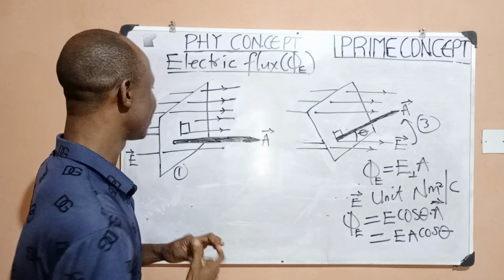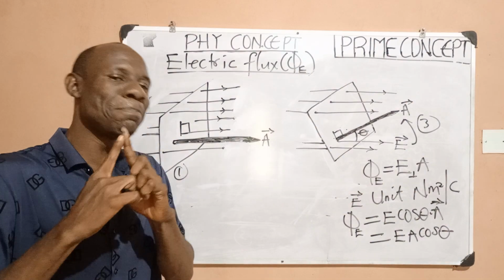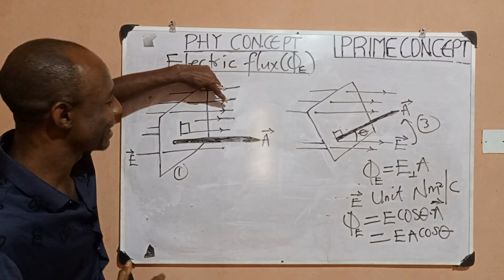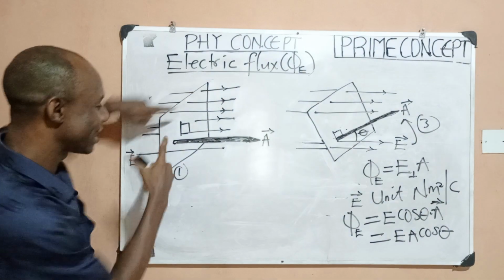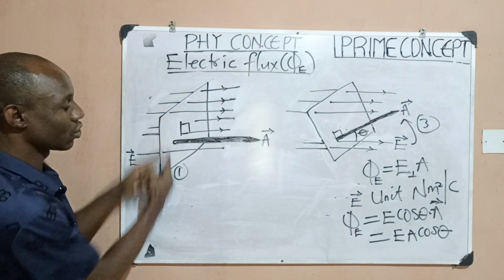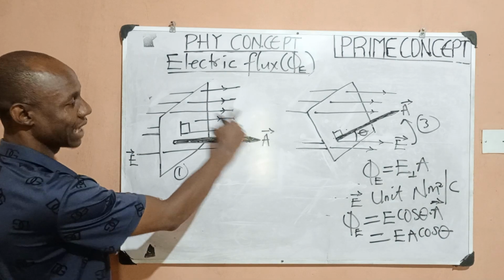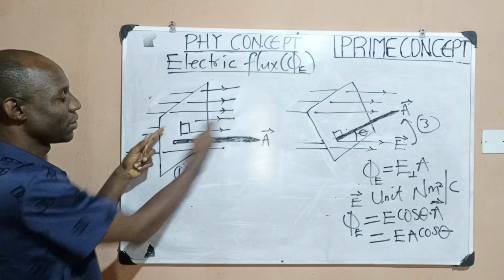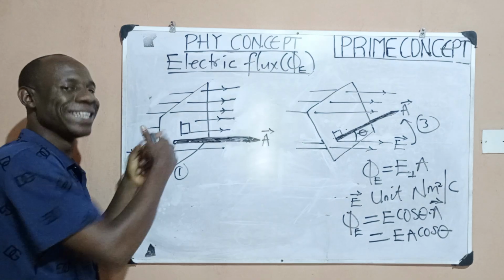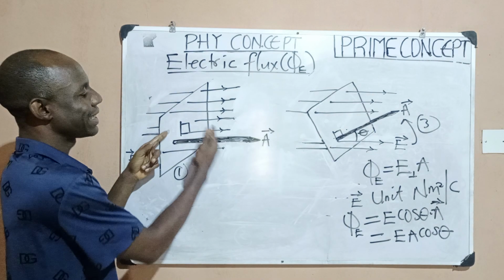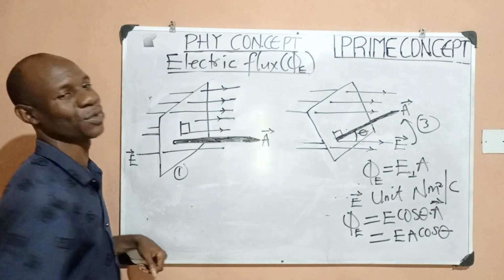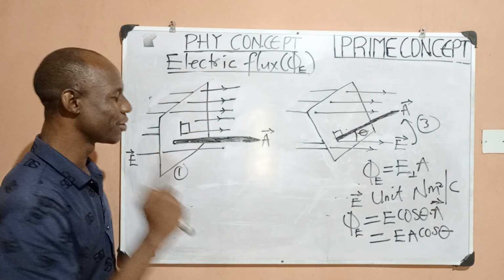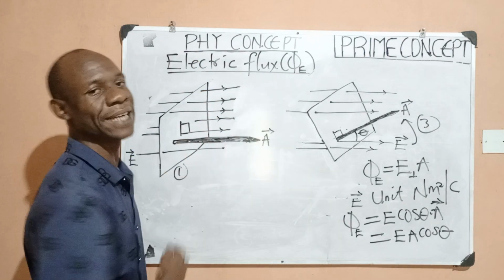I will repeat again. We said you can obtain maximum electric flux when the electric field is perpendicular to the surface, like in this case 1, when the electric field, which are these lines, is perpendicular to the surface. Now, if the electric field is perpendicular to the surface, it simply means that the electric field is parallel to the area vector. And remember, theta is the angle between electric field and area vector.